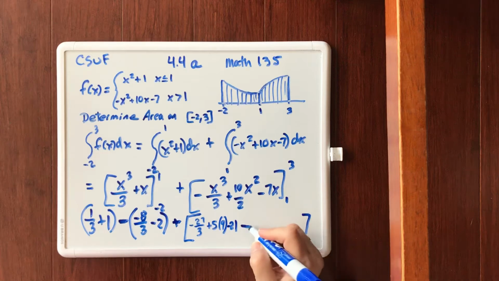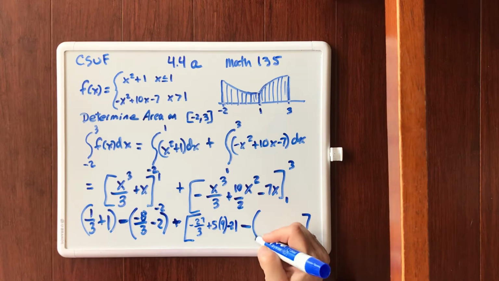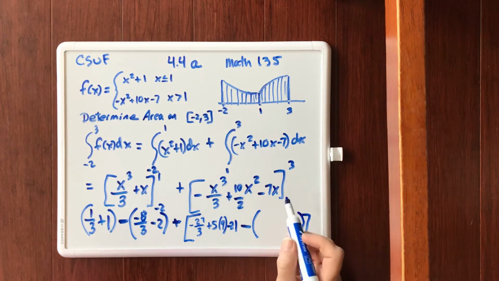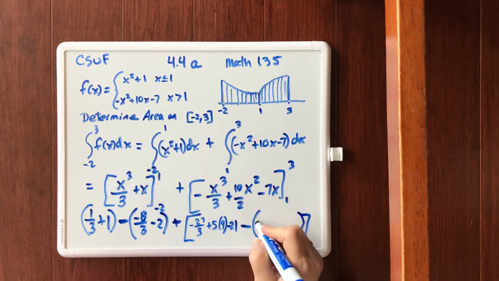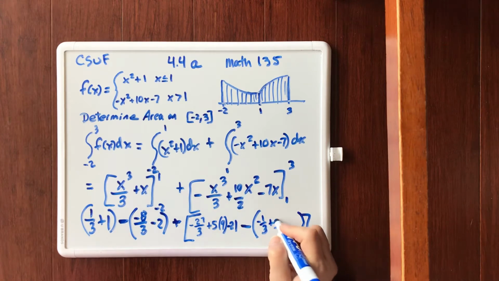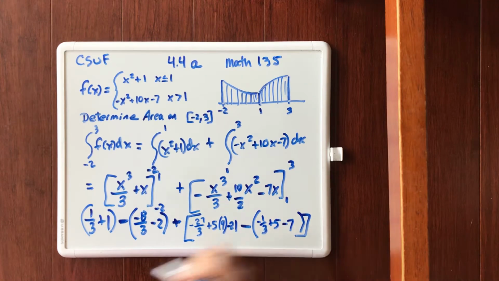Okay, now this minus sign, I'm going to put parentheses here so I don't make a mess of it. Okay, now we put 1 in there. So we have negative 1/3 plus 5 minus 7.